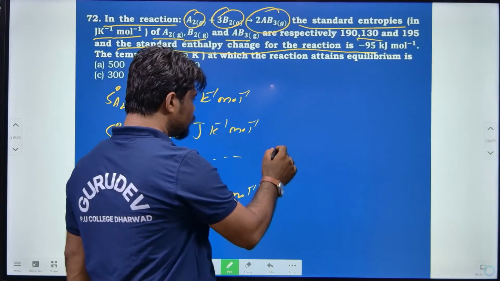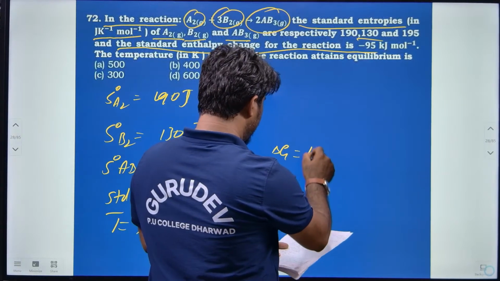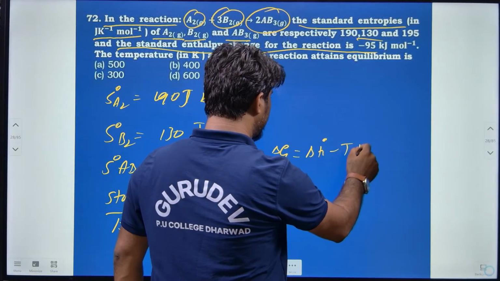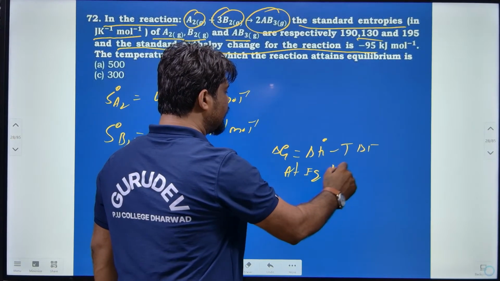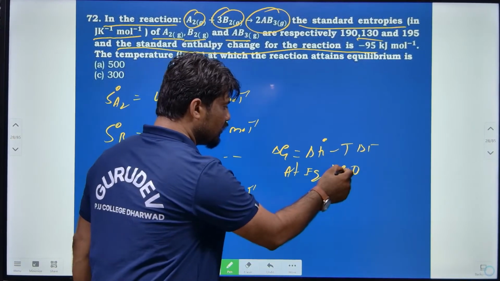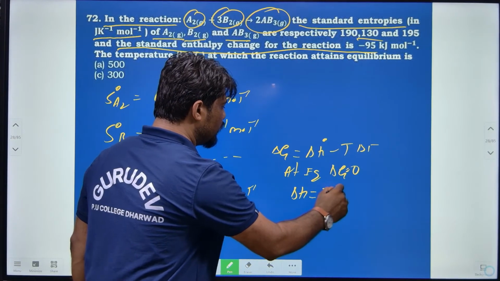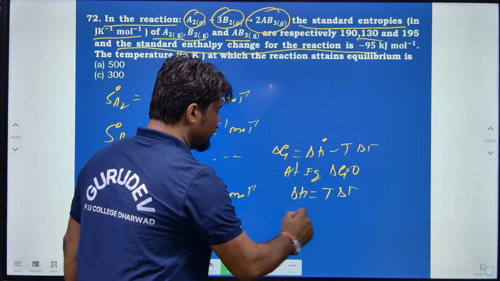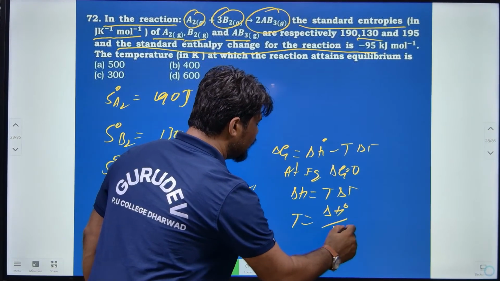Delta G is equal to delta H naught minus T into delta S. At equilibrium, delta G is equal to 0. Then delta H is equal to T into delta S, so T is equal to delta H naught divided by delta S naught.